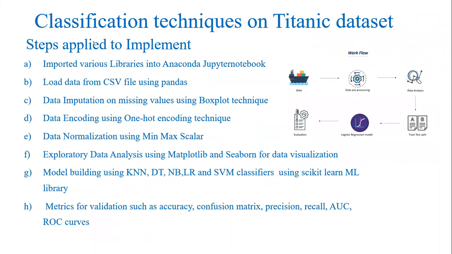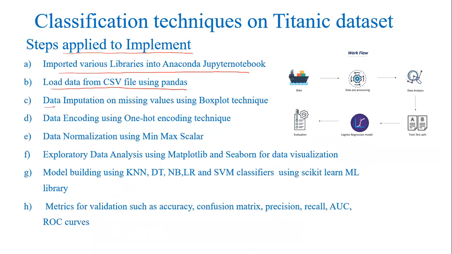Basically, if you want to implement any problem in machine learning, we need to implement it in a series of steps. First, we need to import various libraries into the Anaconda Jupyter notebook, and we need to load the CSV file into pandas, where we will represent the data in the form of a data frame.